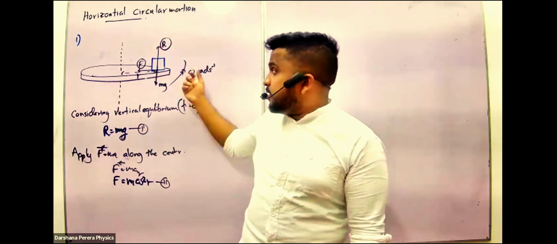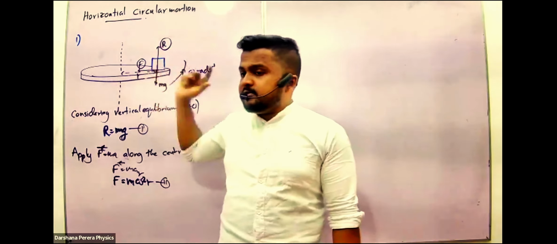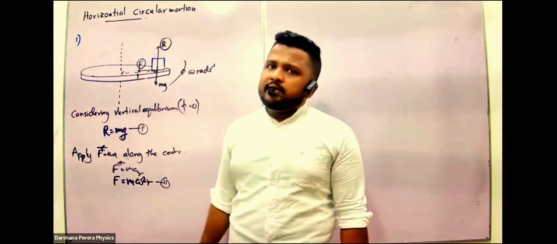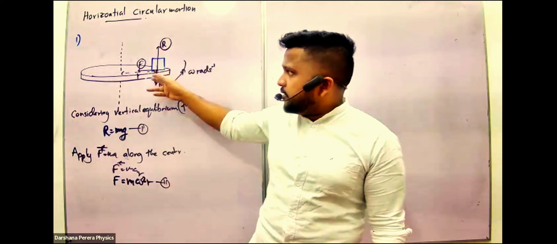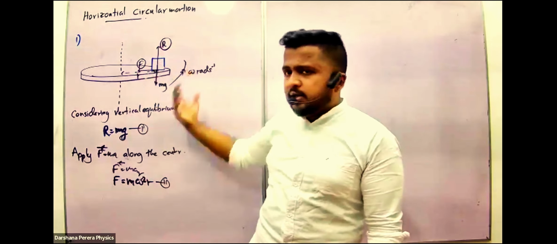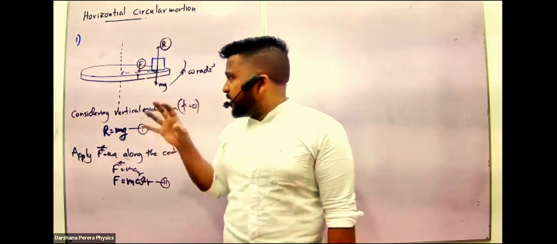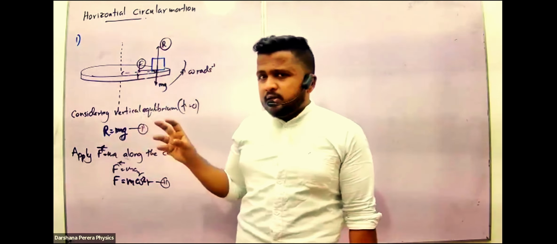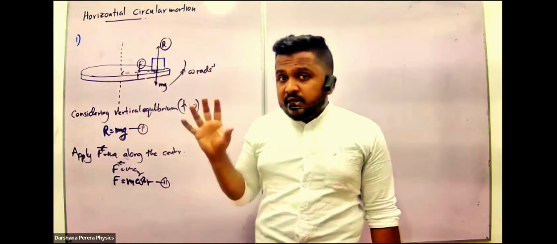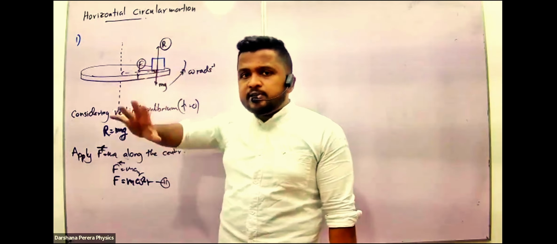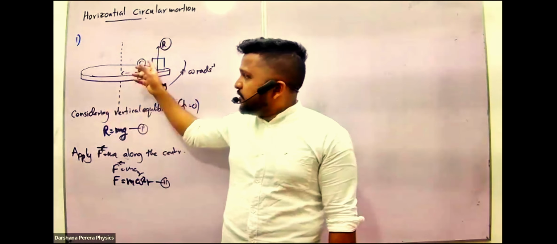When we speed up the disc, the object slides off. In the limiting equilibrium position, the force acting along this direction is only the limiting frictional force.